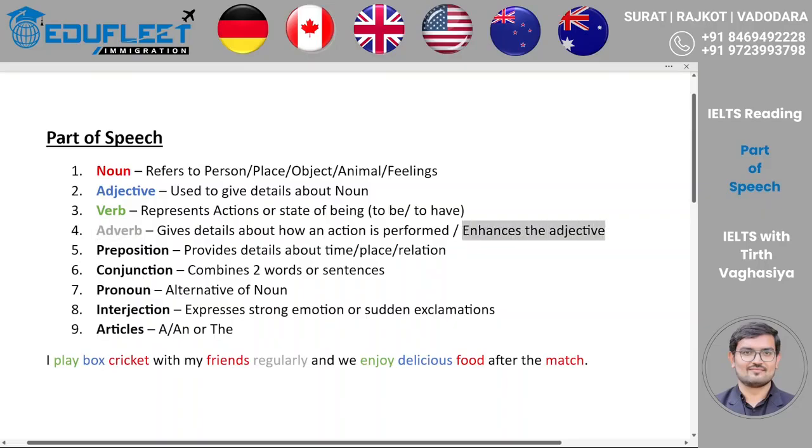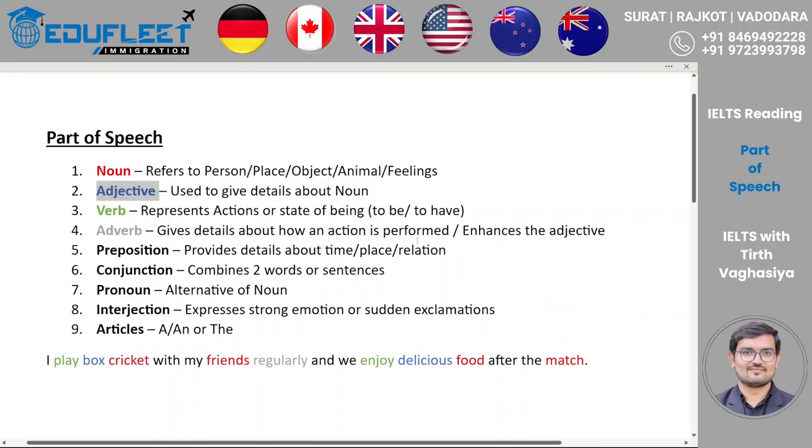The other purpose of adverb is giving you additional details about an adjective. For example, you have gone out for jogging in the morning, and after jogging for 2 hours, you get back to your home and say that I am tired. So tired is what? Adjective. It is giving you the state of yourself at that point of time.